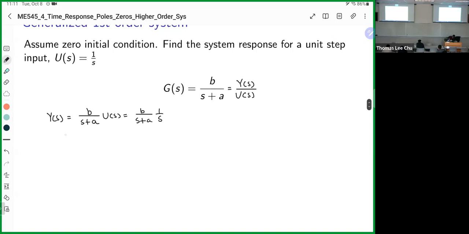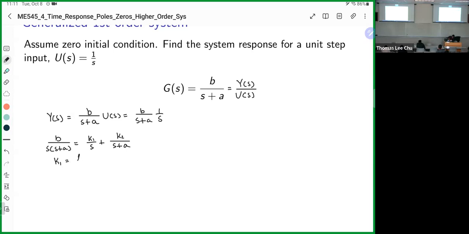All right, so then we can rewrite this equation. We do partial fraction expansion. B over S times S plus A is equal to K1 over S plus K2 over S plus A. To find K1, I'm not going to write out the full step.